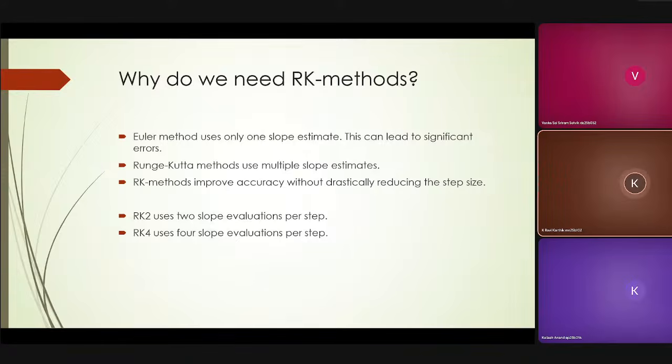Therefore, for a given step size, the RK methods improve accuracy by a large extent compared to the Euler method. So the second order RK method, the RK2 method, as the name itself suggests, uses two slope evaluations for each step. And the fourth order Runge-Kutta method, the RK4 method, uses four slope evaluations for each step size.